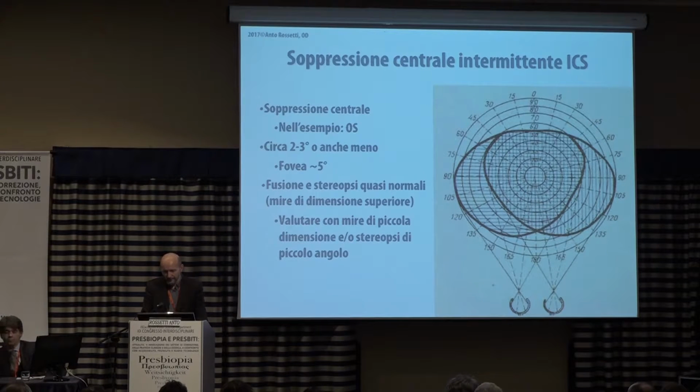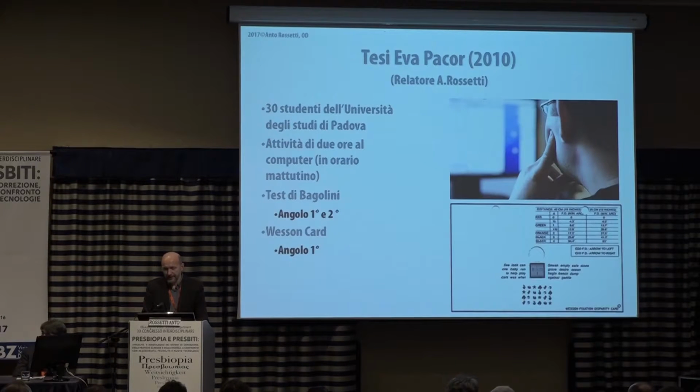We started investigating this, starting from central suppression. Eva Pacor published this dissertation on students working at the PC. So she checked whether suppression was a bit more frequent after staying at the video terminal for some time.